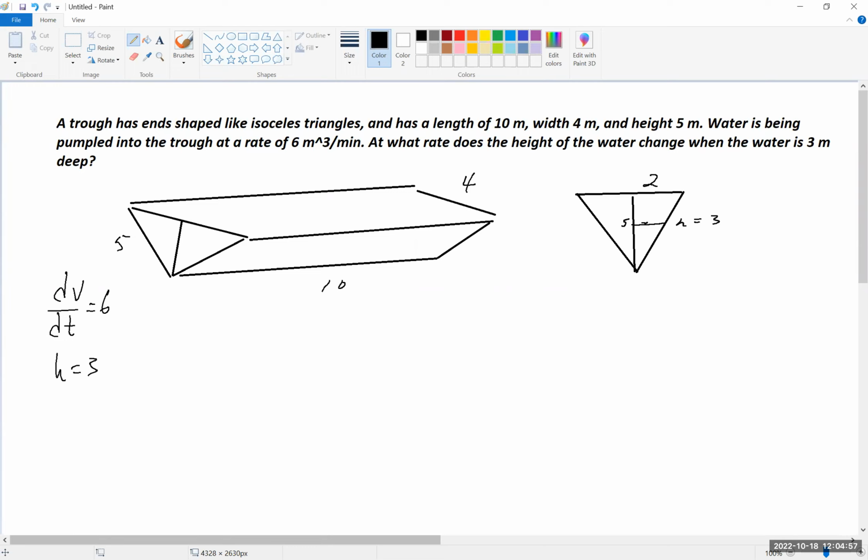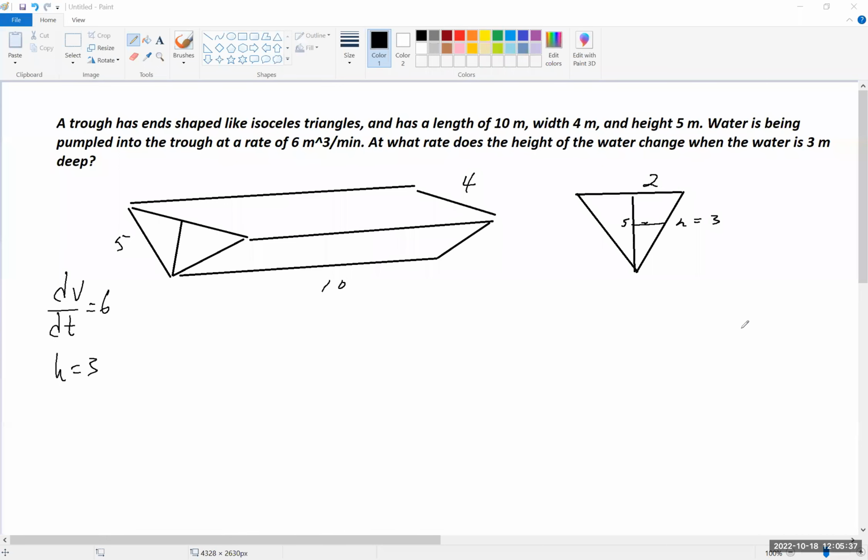And so therefore, we should recognize that the volume inside the trough is given by V of t, and it's going to be, it's a triangle, so it's 1/2 length times width.